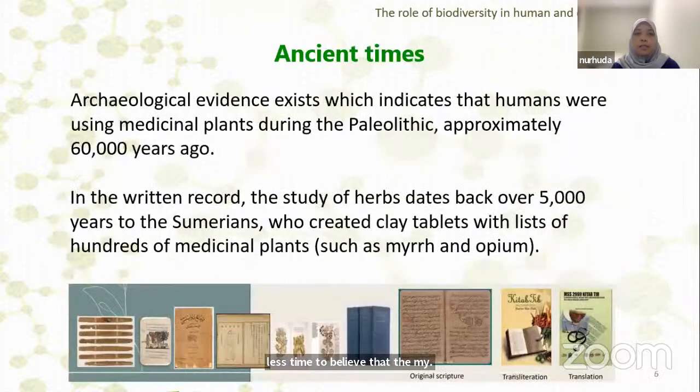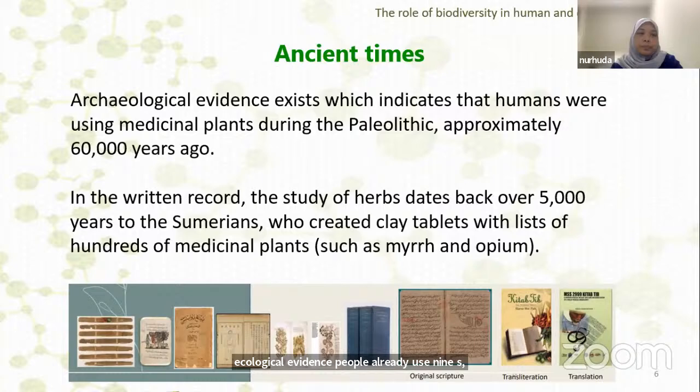Next please. Okay. In ancient times, if we are talking about archaeological evidence, it is only the evidence that we can find through manuscripts or through medicinal preparation tools. But it was believed that long before the archaeological evidence, people already used plants as medicine.